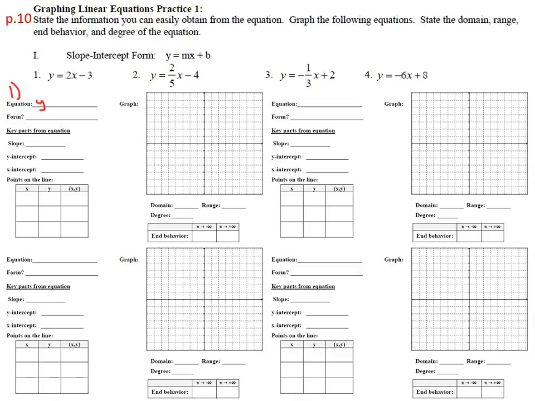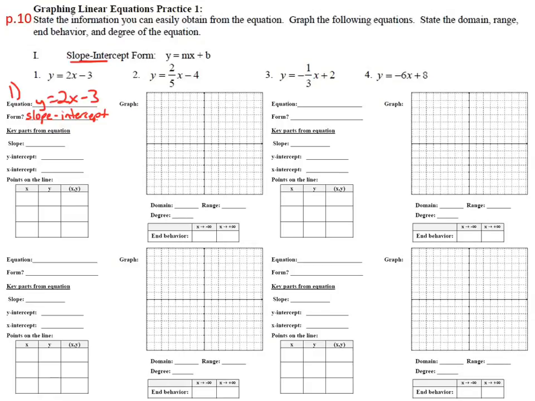Our equation is y equals 2x minus 3. Now we can kind of cheat here and see, oh, we're in slope-intercept form, but we're in that form of y equals mx plus b, so we know it's slope-intercept form. And the key things that we're going to get from slope-intercept form are the slope and then the y-intercept.